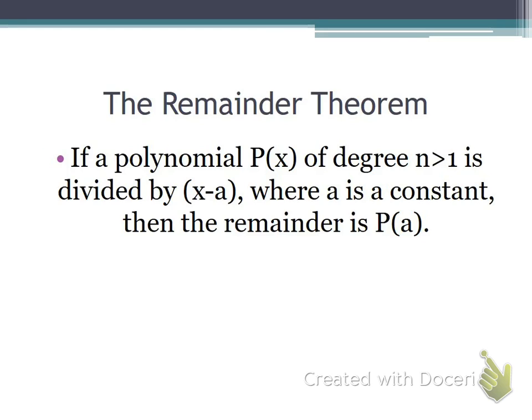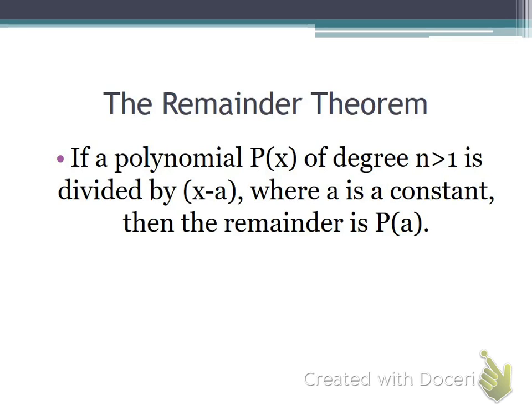Now, in words, that sounds a little weird. But what it's saying is that if we do synthetic division and we get a remainder, the remainder is the same thing as if you were to plug that number that you put in your little box in for x, you would get the same number.